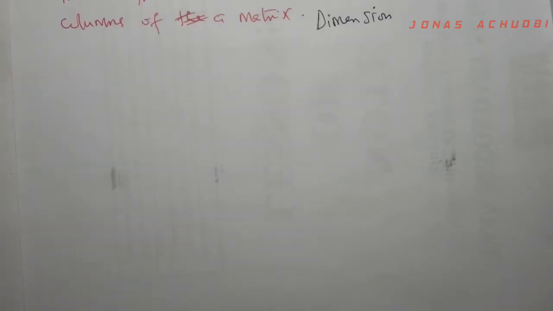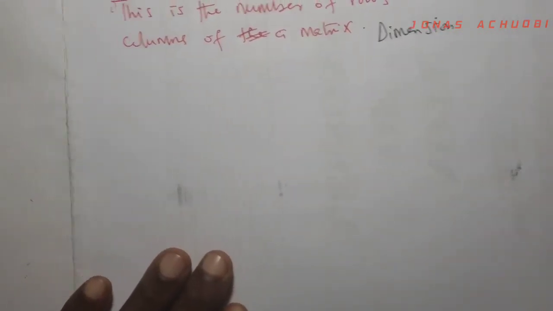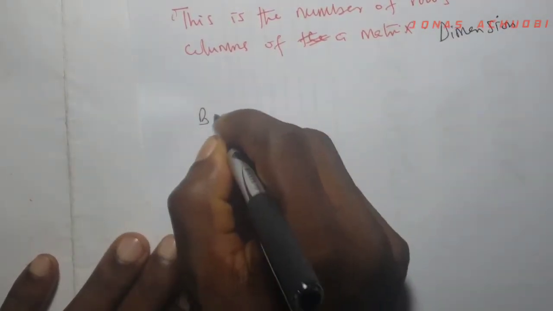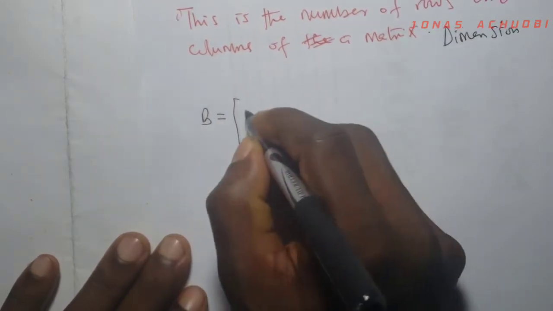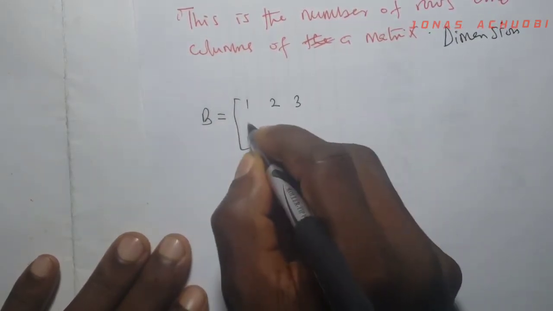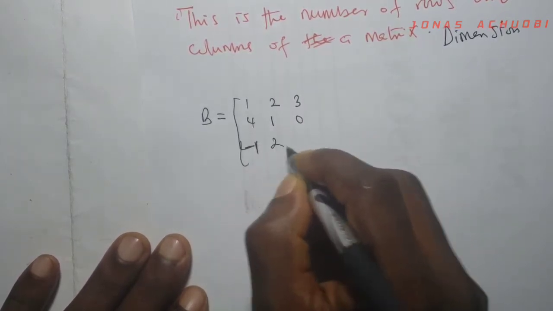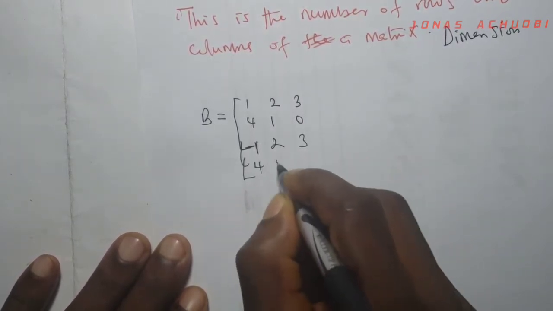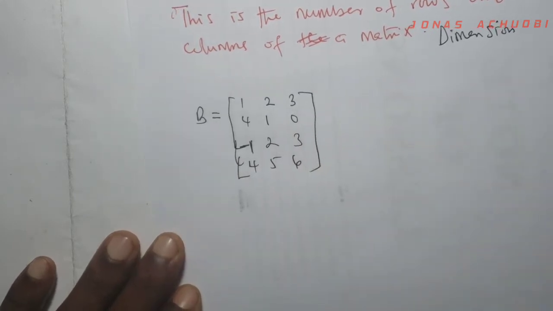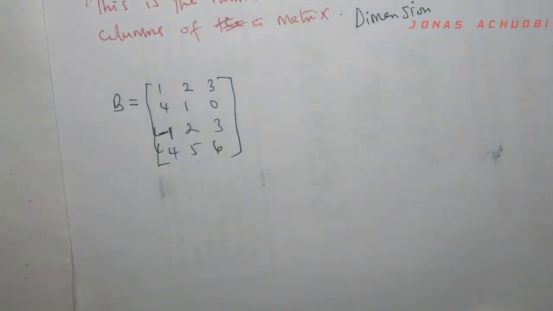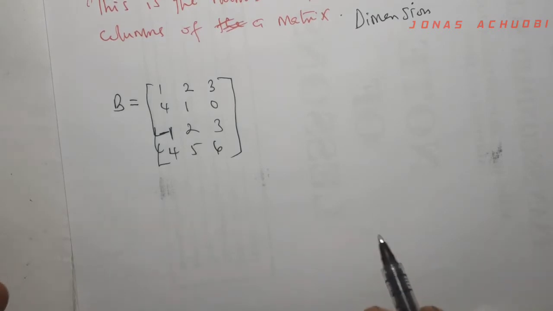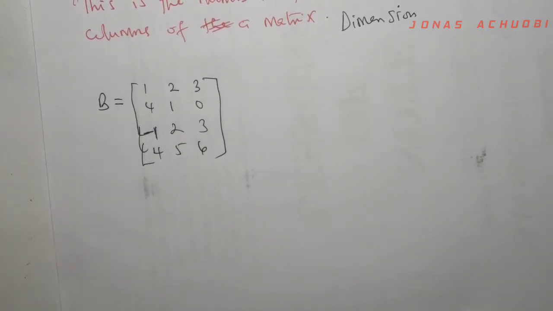Let us take one more example. If we have a matrix, say matrix B, with the following entries: 1, 2, 3, 4, 1, 0, -1, 2, 3, 4, 5, and 6. If we are asked, what is the order or dimension of our matrix? What will it be?